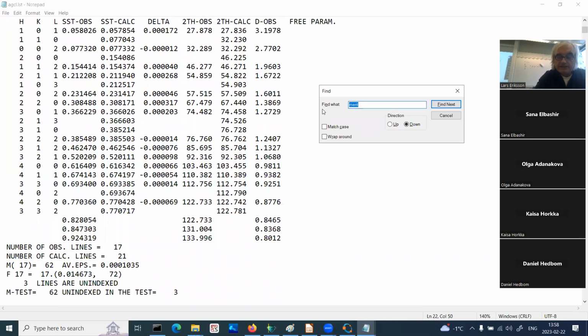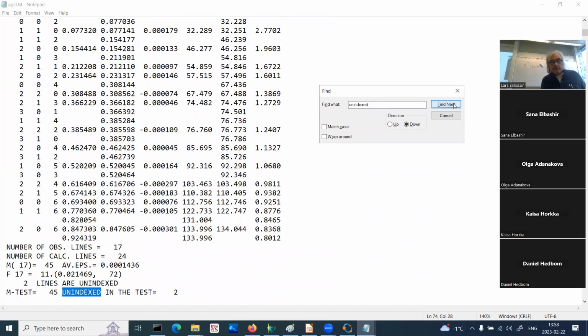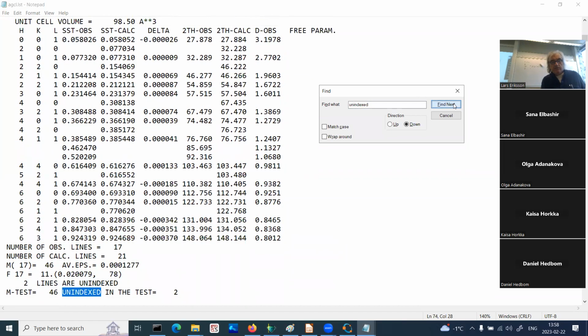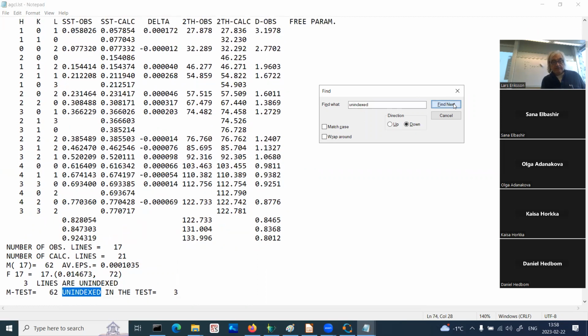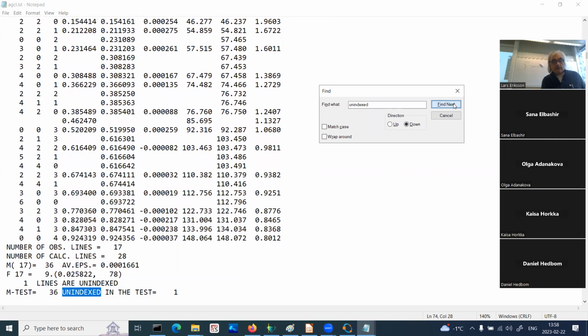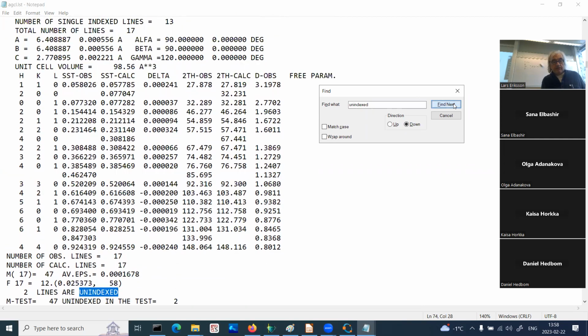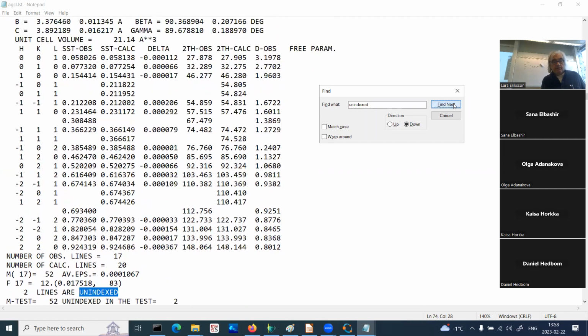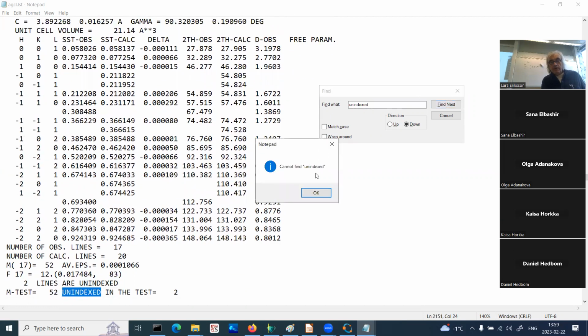Search for unindexed. 3 lines, that is too much. 3, 2, 2, 3, 2, 2, 1. That is better than 2 and 3. Why not? I want 0. I have no 0.